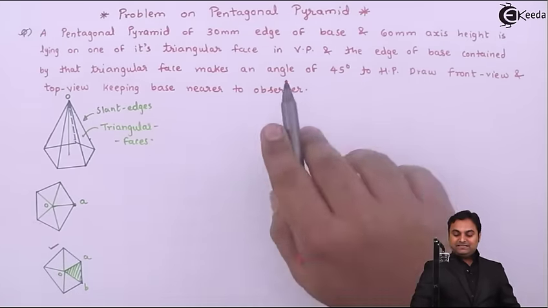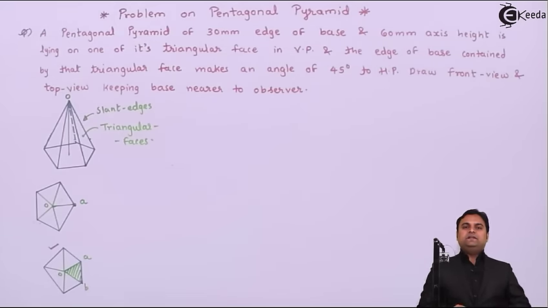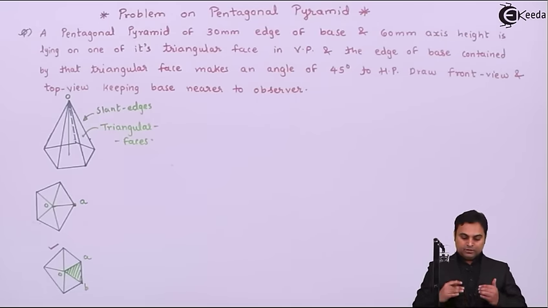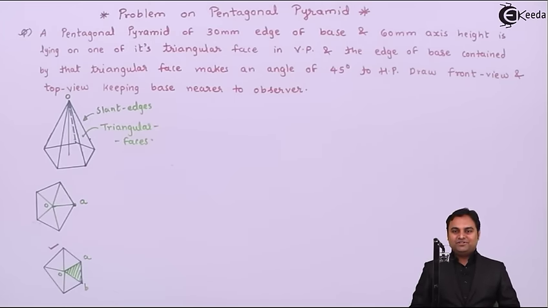Now as it is resting in VP, so in the front view we are going to see the pentagonal base. If it was resting in HP, then in the top view we would have seen that pentagonal base. So starting this question by drawing the pentagon in VP. Let us get started with the solution.